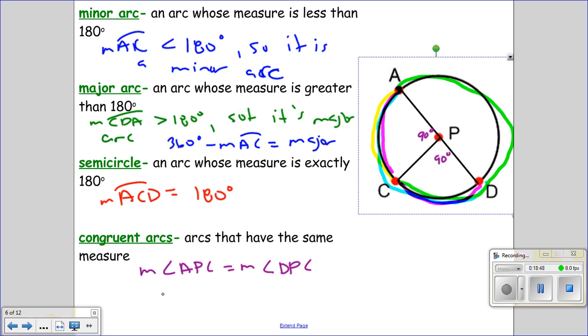So that means the measure of arc AC is equal to the measure of arc DC, and it would be 90 degrees.